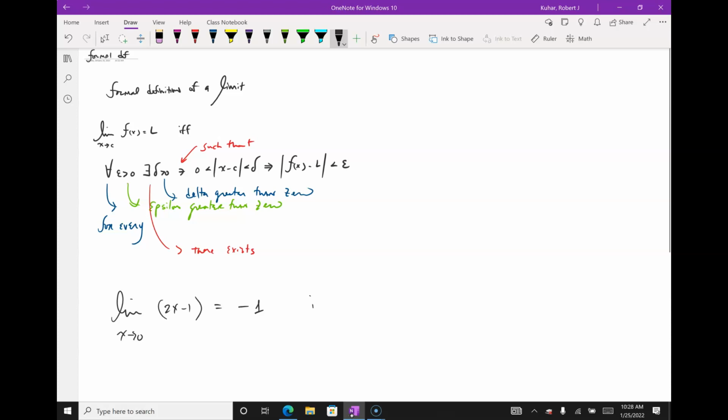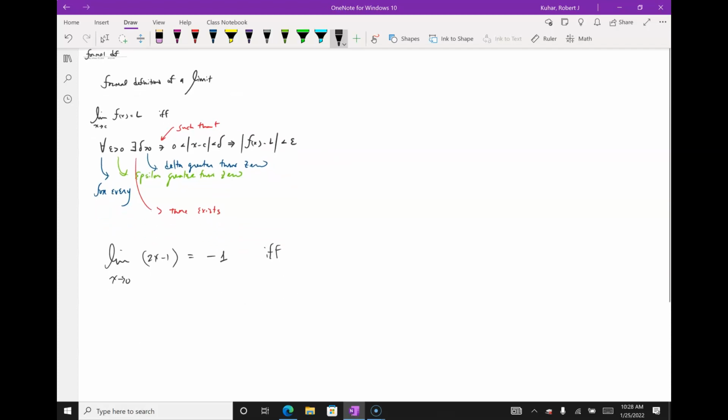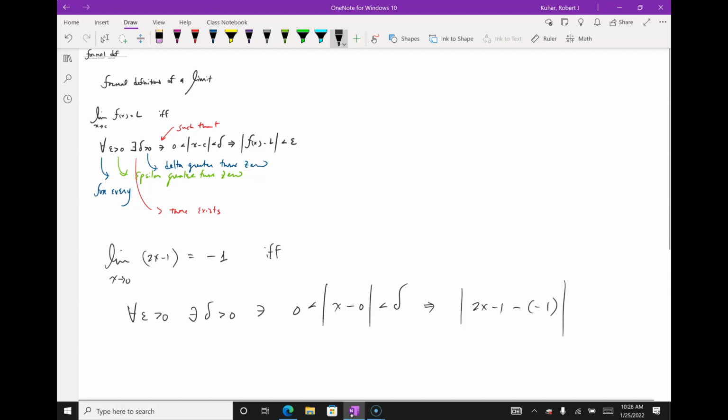If and only if, for every epsilon greater than 0, there exists a delta greater than 0 such that 0 is less than the absolute value of x minus 0. Do you see that, x minus 0? I'm filling in that value of c. Implies the absolute value of 2x minus 1 minus the negative 1, I'm going to do f of x minus L, is less than epsilon.